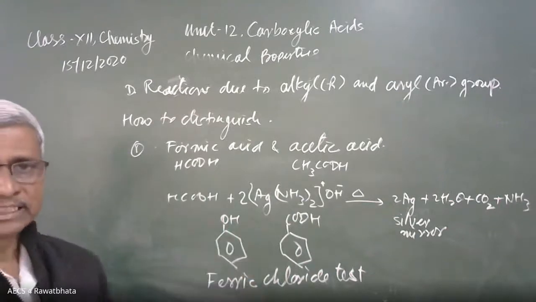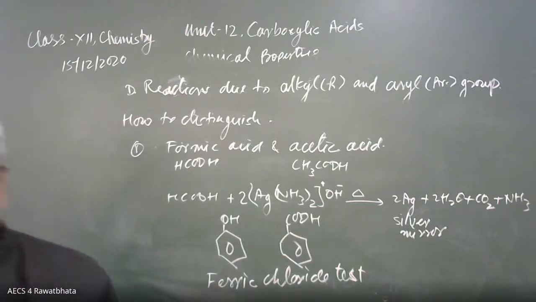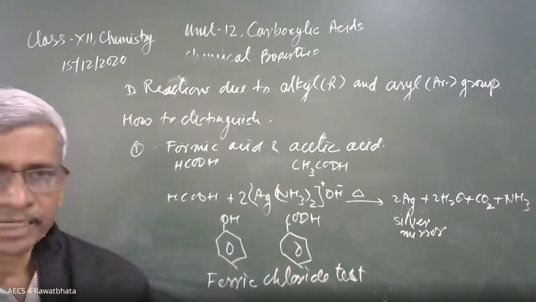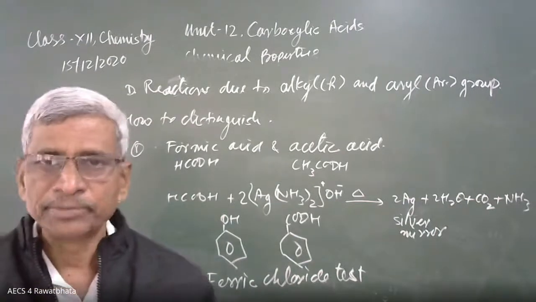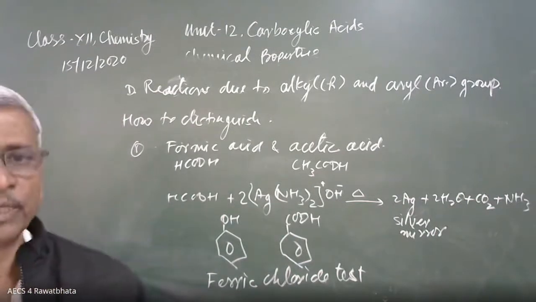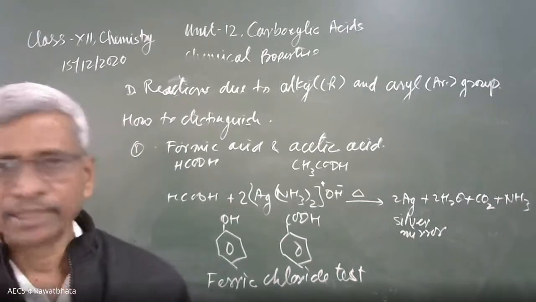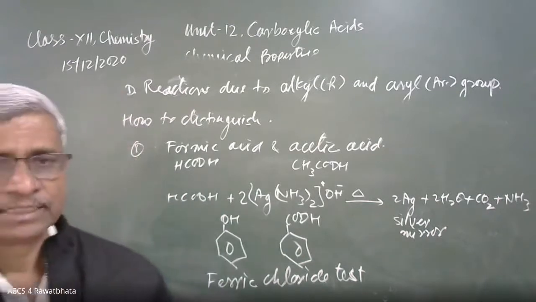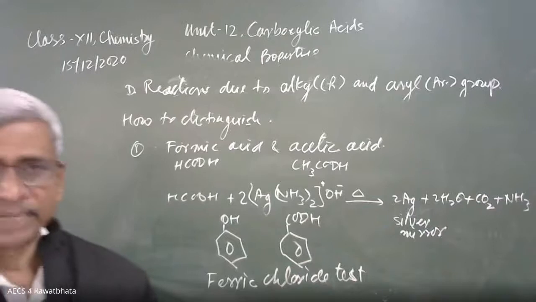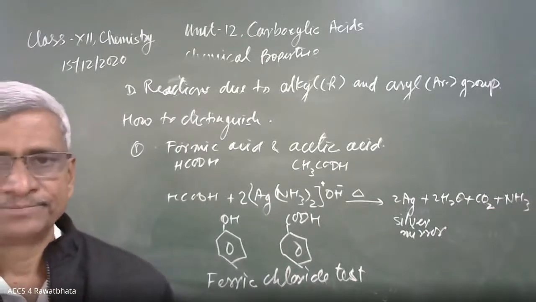If phenolic OH is there, it is going to perform the ferric chloride test. Then phenol can be identified by the ferric chloride test. One more test is there, the Liebermann test, that is quite difficult. It is a multi-step test in which we get a colored dye. So the ferric chloride test is the best one to identify phenol among the compounds.